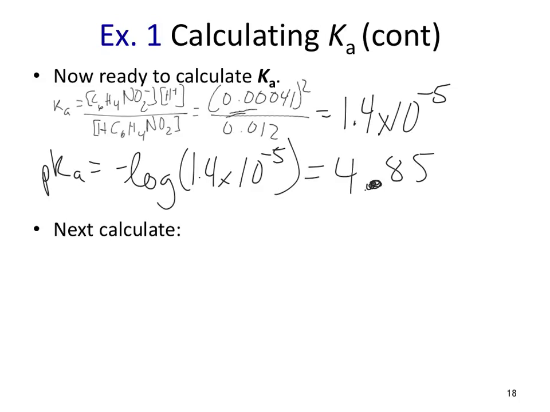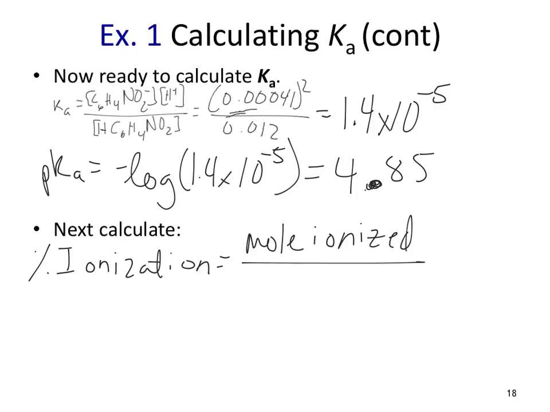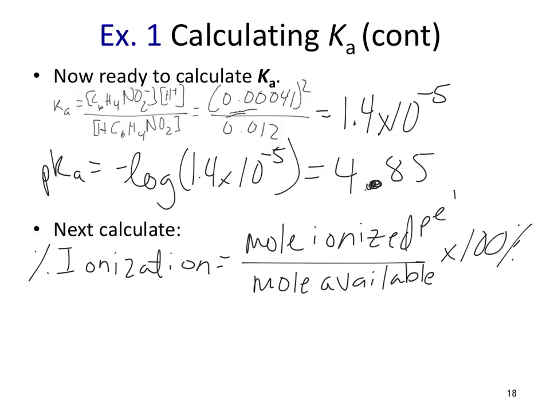Okay. And then it also asked us to find the percent ionization. So remember, that's going to be the moles ionized divided by moles available times 100%. And these are per liter, so really, we're talking about molarity.